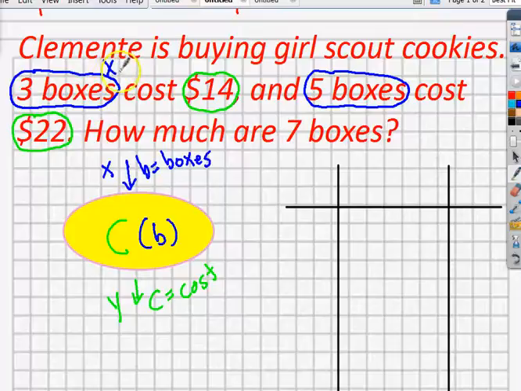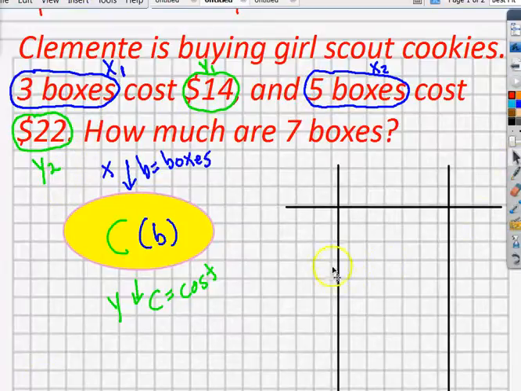That's the first input, so I'm going to say it's x1. So x1 means this is the first input. x2 is the second input. This is y1 because it's the first output. And this one over here needs to be y2 because it's the second output. So I have labeled the 2 inputs, 3 and 5, and the 2 outputs, 14 and 22.